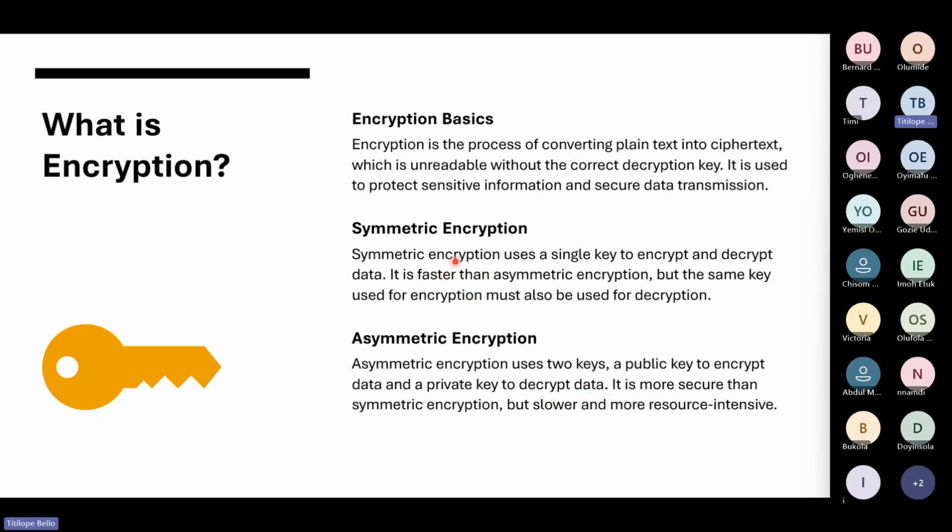But in the case of symmetric, it's just one key that you use to encrypt and decrypt at the same time. So the symmetric key encryption option is very, very fast compared to the asymmetric option.